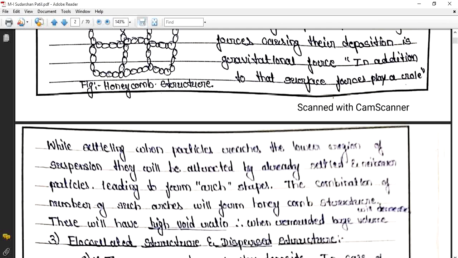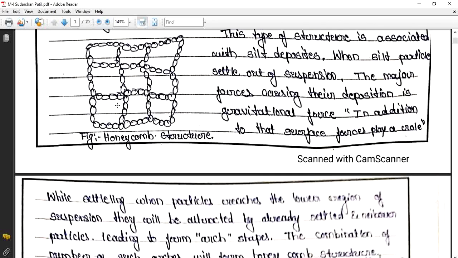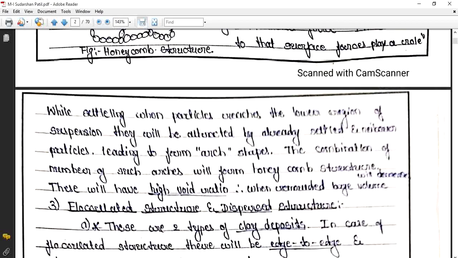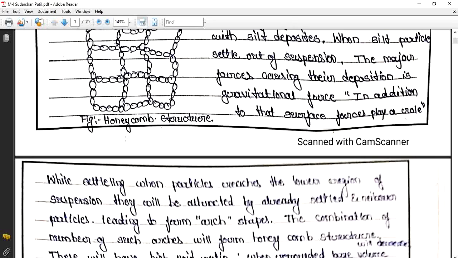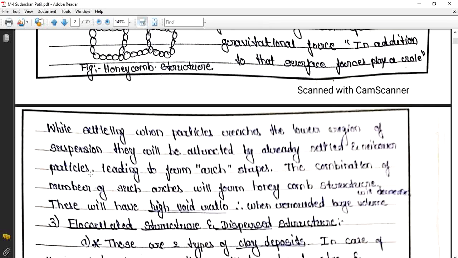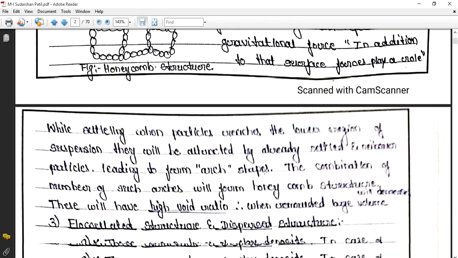When this type of structure is going to form, you can see the diagram, it is a honeycombed structure. While settling, when particles reach the lower region of the suspension, they will be attracted by already settled and neighborhood particles, leading to the formation of an arch-shaped structure.